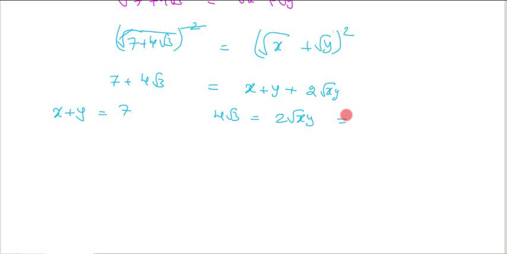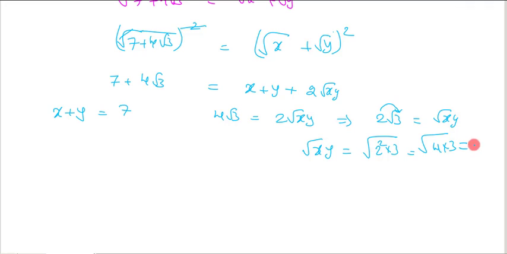From these, you can write 2 root 3 is equal to root xy. On sending this 2 inside the square root, we can write root xy as under root of 2 square into 3, that is under root 4 into 3, that is root 12.